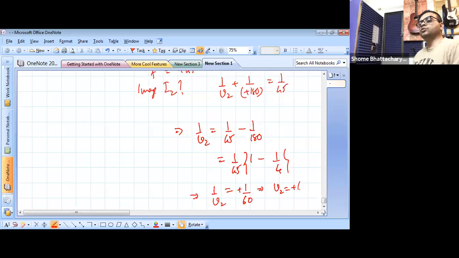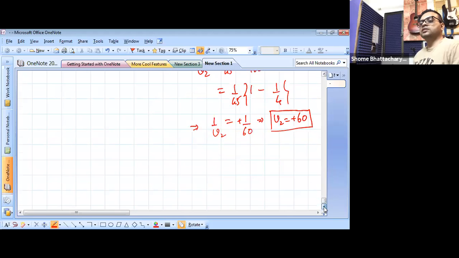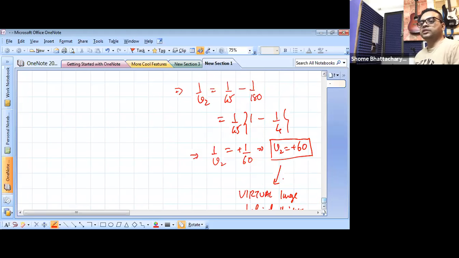So V2 is equal to plus 60. So it is giving us a virtual image behind the mirror. So I'll explain that in the diagram. Just check my calculation also.